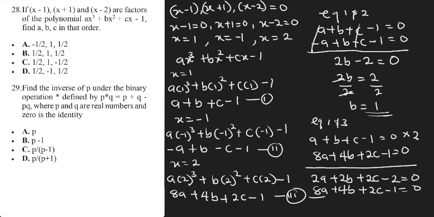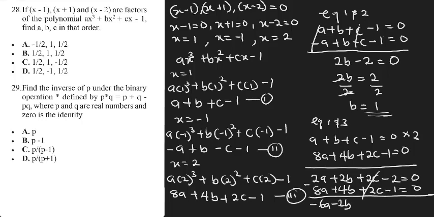So if you want to eliminate, you can simply subtract. If you subtract that, it will be 2a - 8a, which is -6a. Then we have 2b - 4b, which is -2b. Then 2c - 2c is 0, so that goes.